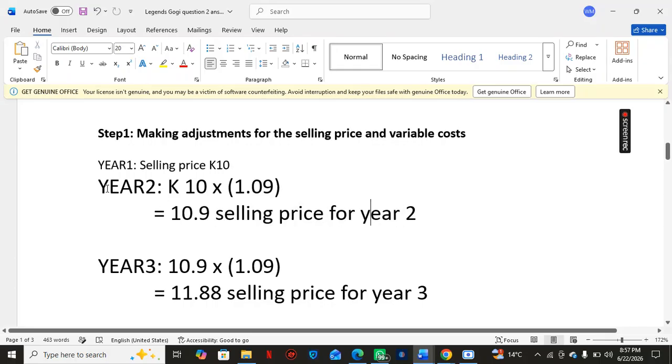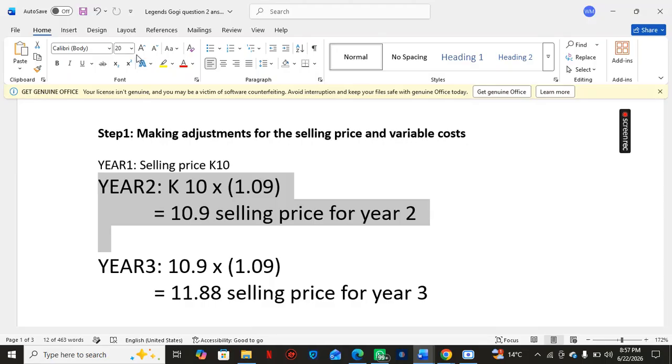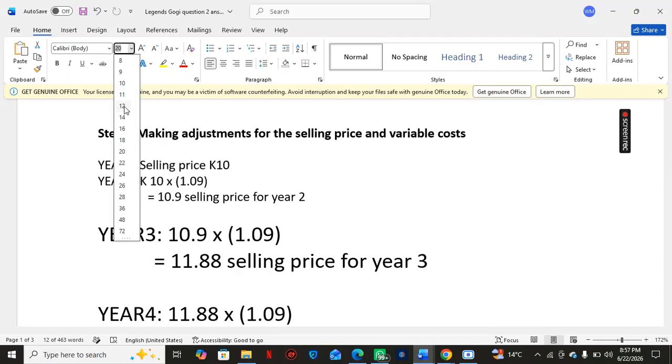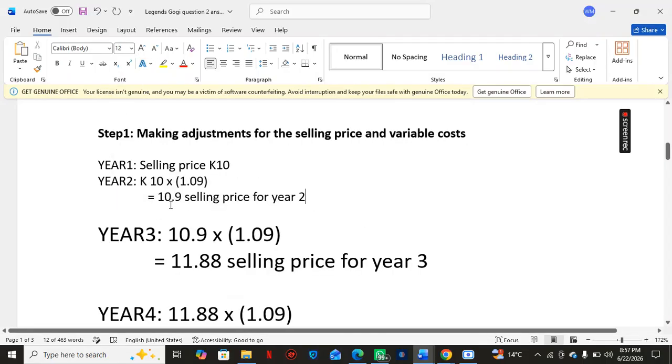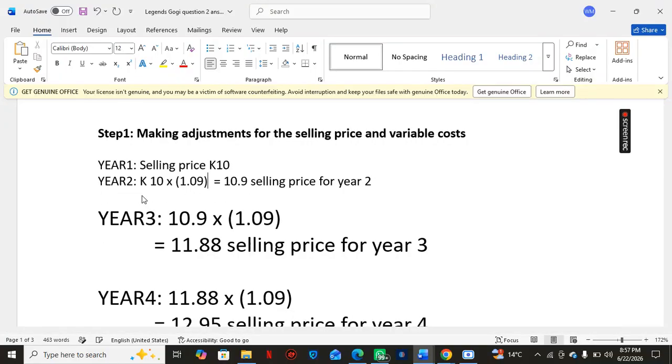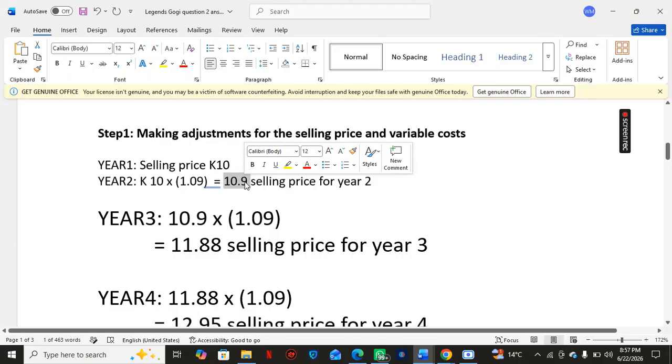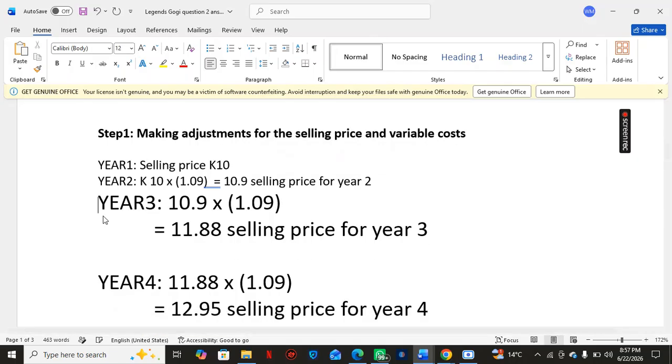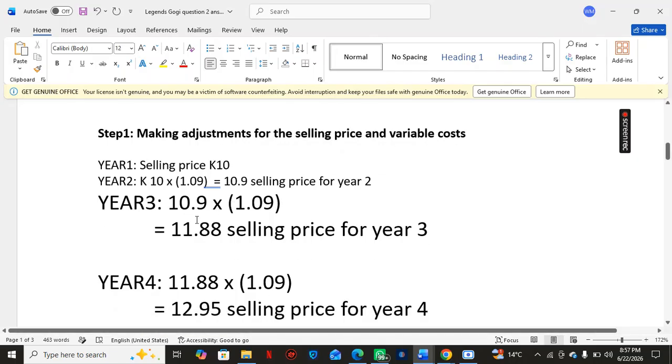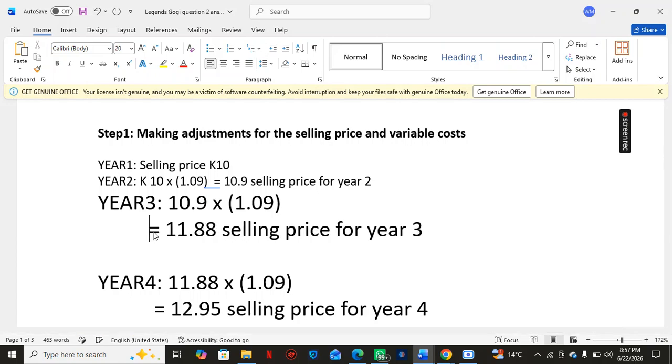This is the selling price for year 2. Year 3, this 10.9 kwacha is going to grow by another 9%. So we're going to say 10.9 multiplied by 1.09, we get 11.88.